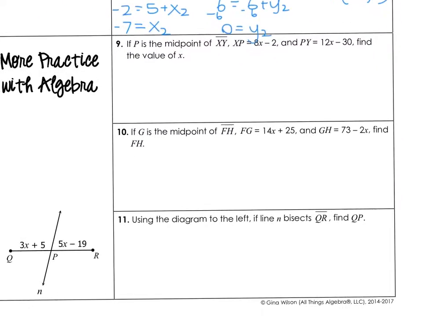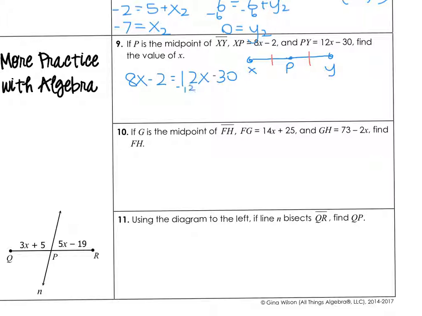So number 9, I'm going to draw a picture. It says I have the segment XY. P is a midpoint, so we know then that those two segments are congruent. XP is 8x minus 2. PY is 12x minus 30. I know they're equal, so I can just solve.